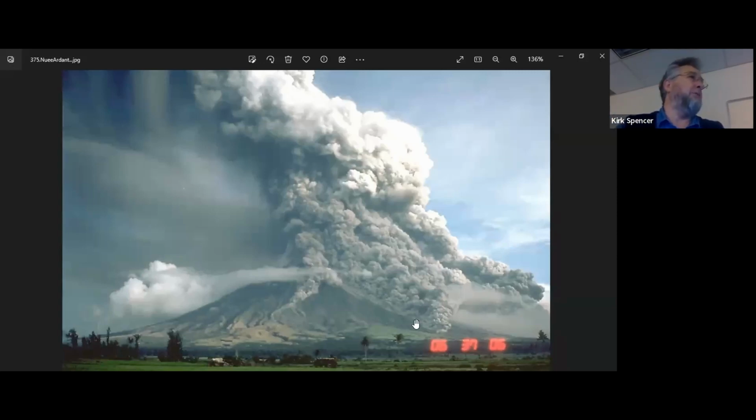By the time it reaches the bottom of the slope, they estimate that these air masses can reach velocities of 150 to 200 miles an hour. So you have a 200-mile-an-hour wind, like we saw in the tornadoes. The difference is that this wind is not nice, clean air, but it's saturated in glass shards.